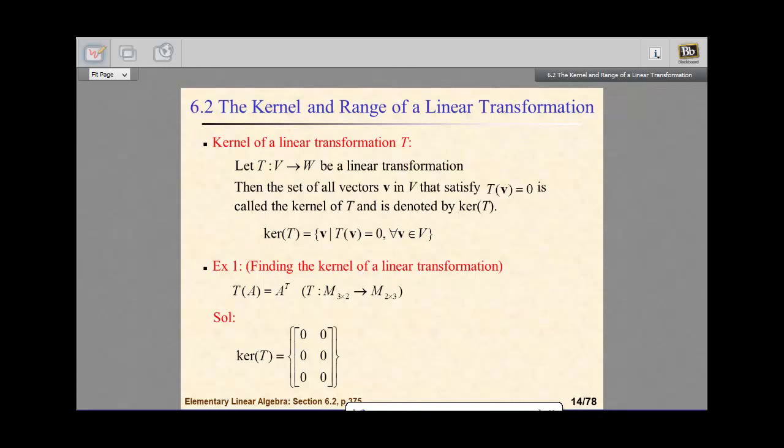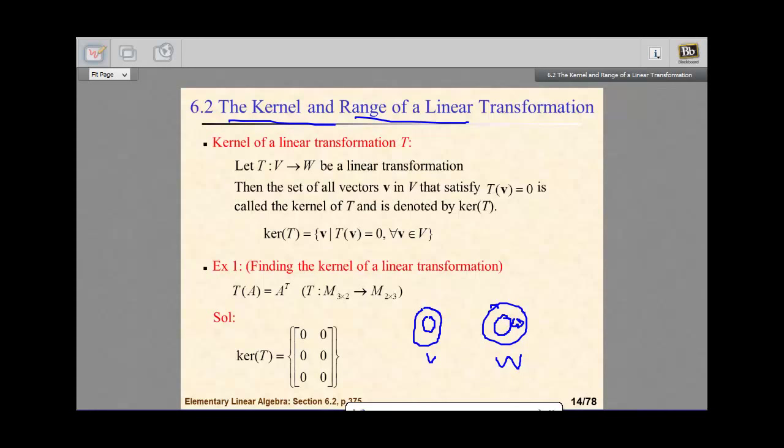Now the next thing is, what is the kernel and range of a linear transformation? So this is the theorem. This is the definition, as I told you in my face-to-face class: if we have 2 sets V and W, and there are the subspaces of small v and the subspaces of small w.